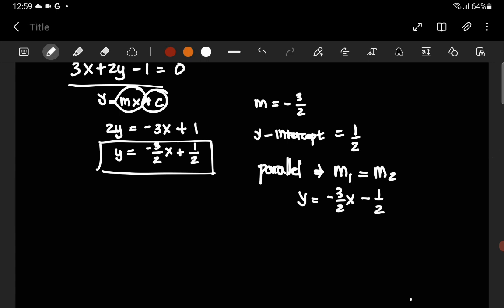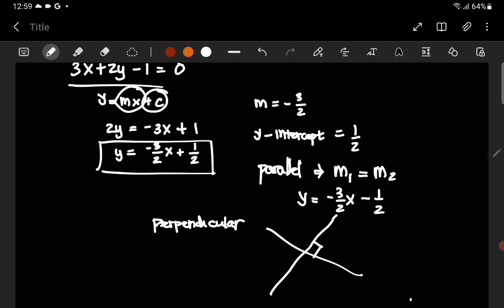How about the last one? Really the last one. How about if that one is perpendicular? So for example, if the line is like this one, you need to find a linear equation that will cross this line and create a 90 degree angle.